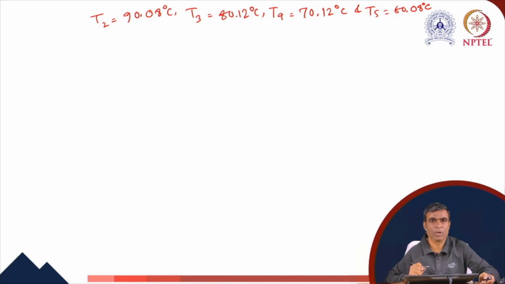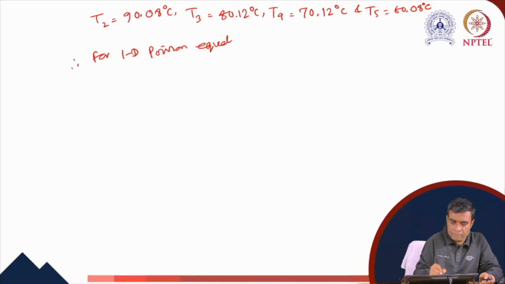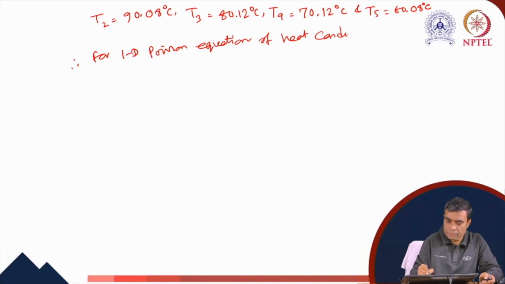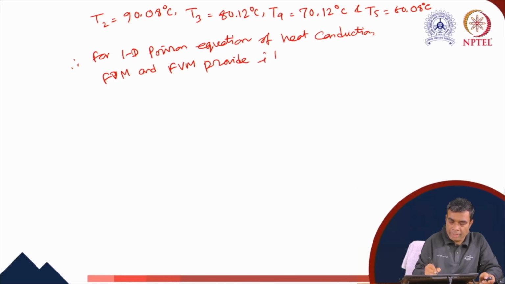In particular, all three methods give us the same matrix equation system, and accordingly the same solution. Therefore, for the 1D Poisson equation of heat conduction, FDM and FVM provide identical solutions.